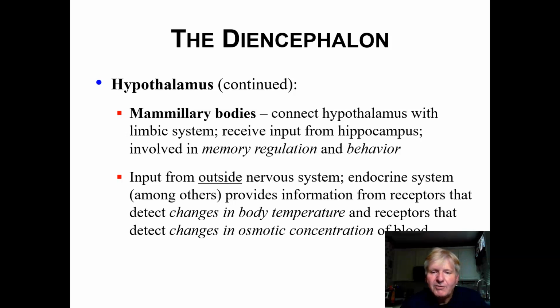The mammillary bodies connect the hypothalamus with the limbic system. And they also receive input from the hippocampus. So they're heavily involved in memory regulation and behavior. Input from outside the nervous system, the endocrine system, provides information also from receptors that detect changes in body temperature and receptors that detect changes in osmotic concentration of the blood.